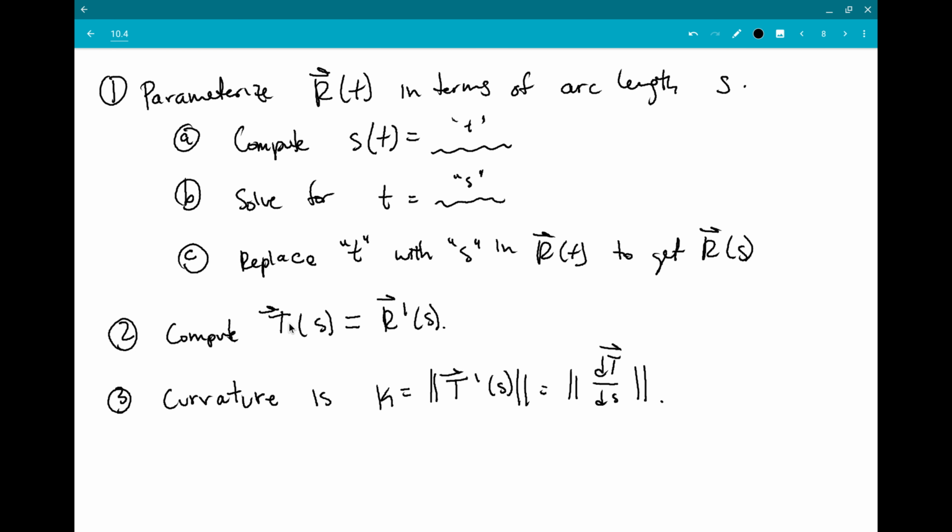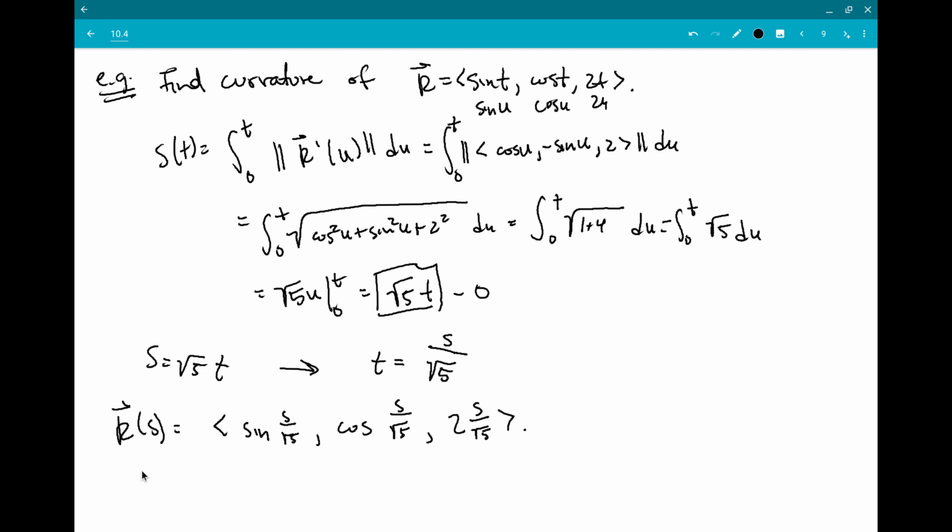And then I just have to compute T, the derivative of that. So T is equal to r prime of s. The derivative of this with respect to s is 1 over root 5 times cosine of s over root 5. Derivative of cosine is minus 1 over root 5 times sine of s over root 5.